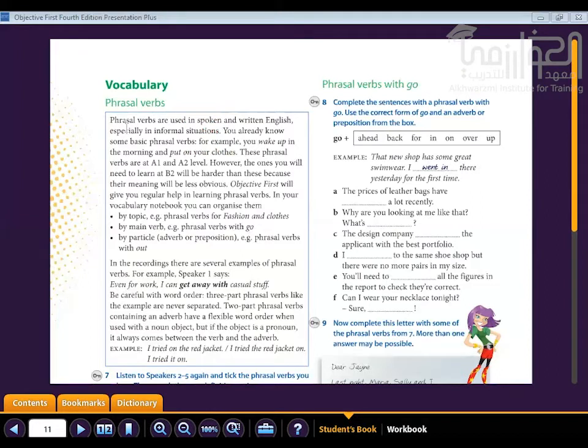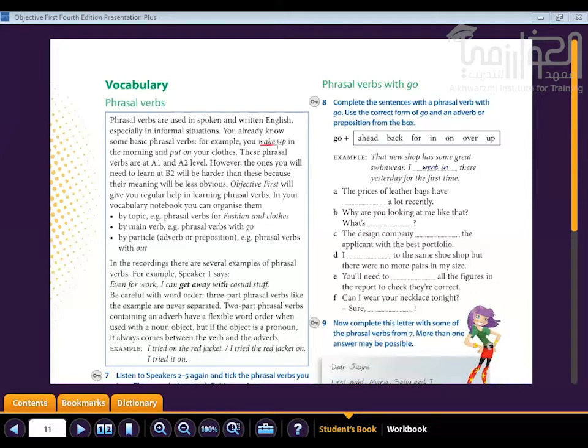Let's first read what is here. Phrasal verbs. Phrasal verbs are used in spoken and written English, especially in informal situations. That is people we know normally. You already know some basic phrasal verbs. For example, you wake up in the morning. So you can see the phrasal verbs here.